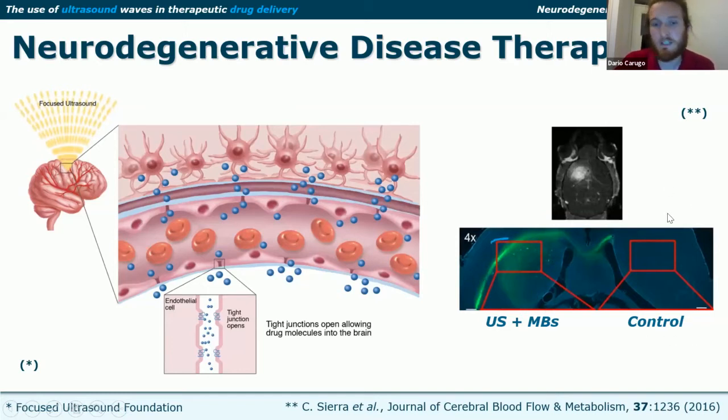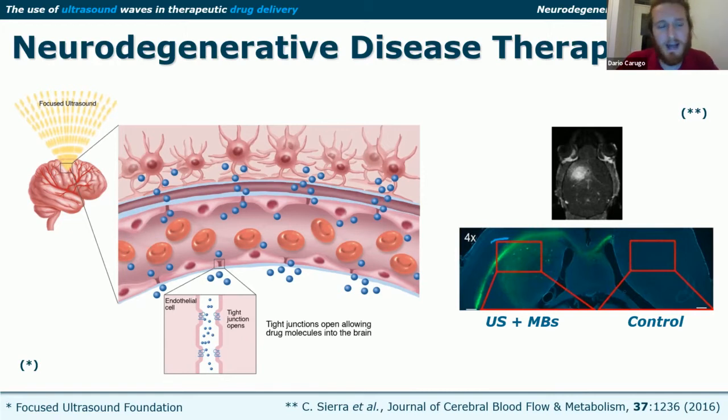Again, this experiment was carried out using a fluorescent molecule so that the enhanced penetration of the drug could be visualized. Studies have also shown that this permeabilization effect is very much reversible over time, and that level of reversibility depends on the ultrasound stimulation characteristics.